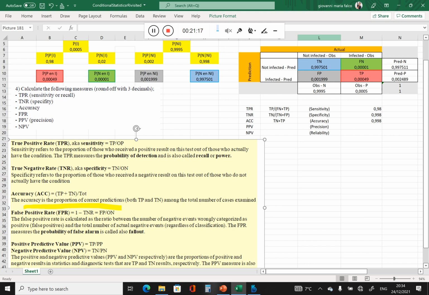Okay, so it is just 1 minus the specificity. So if the specificity was 0.998, this would be 0.002. But this is important because you see that the false positive rate, so the amount of false positives among all people who have not been infected, basically is the probability of false alarm, also called fallout.